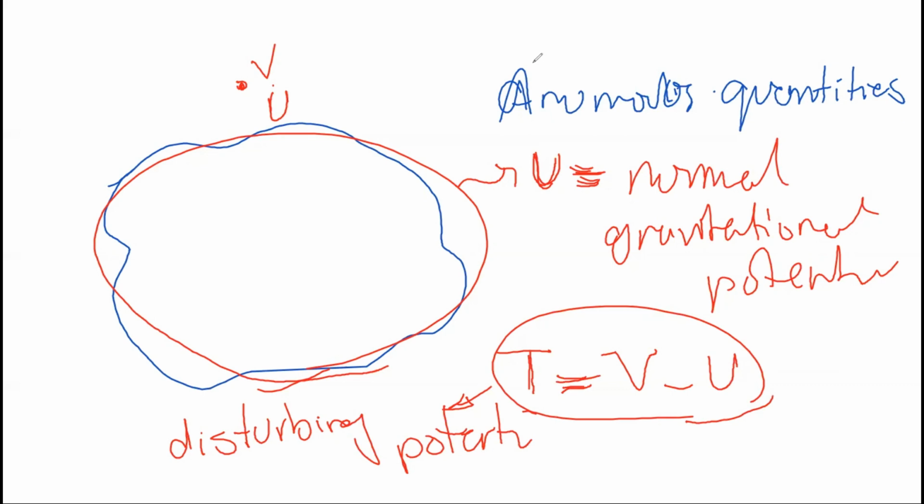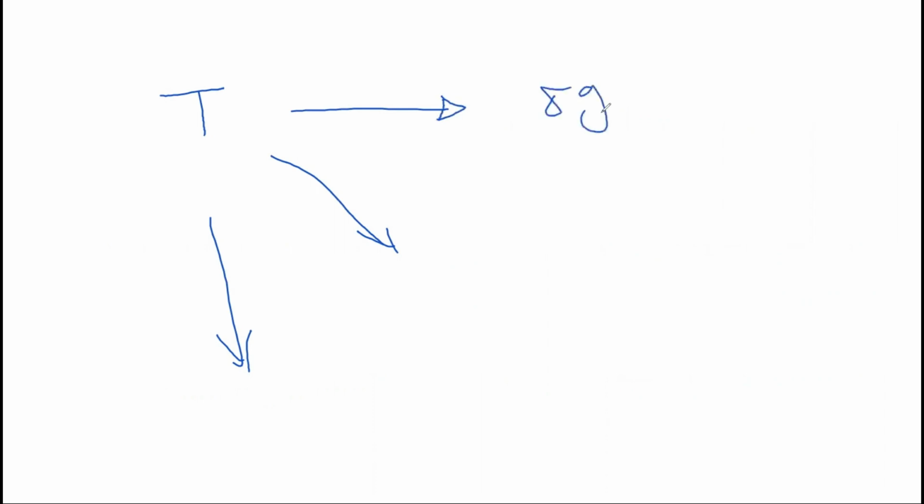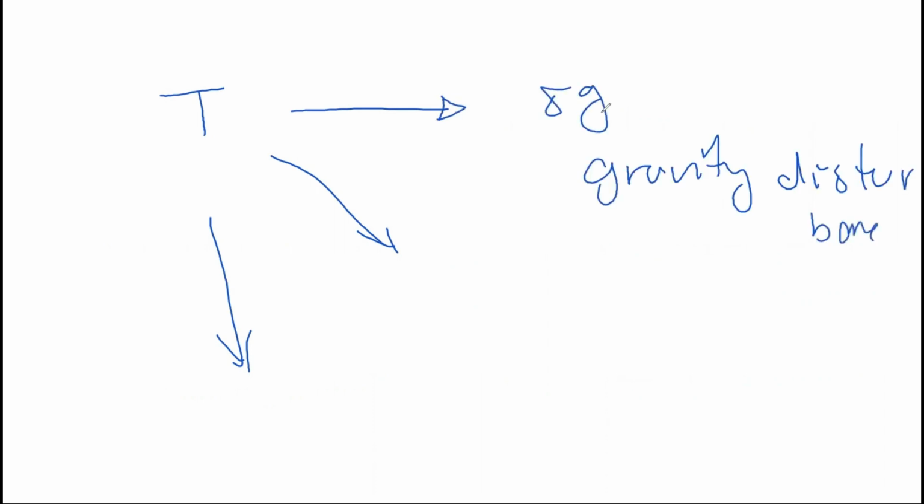So based on this T, the disturbing potential, we can define different quantities. For example, the first and very well known is the gravity disturbance, which is in fact minus dT/dr.